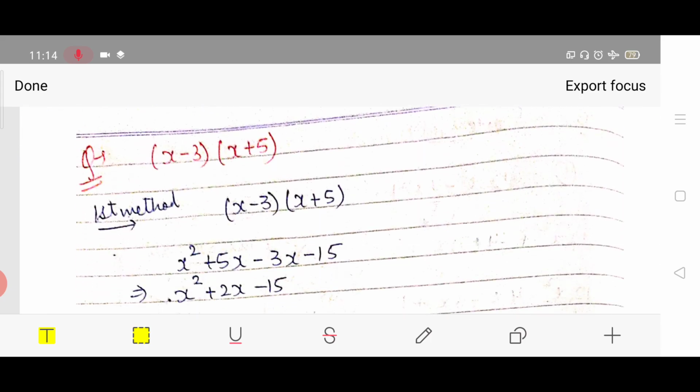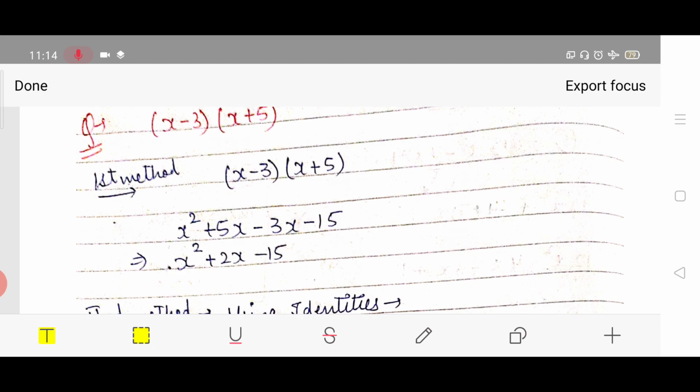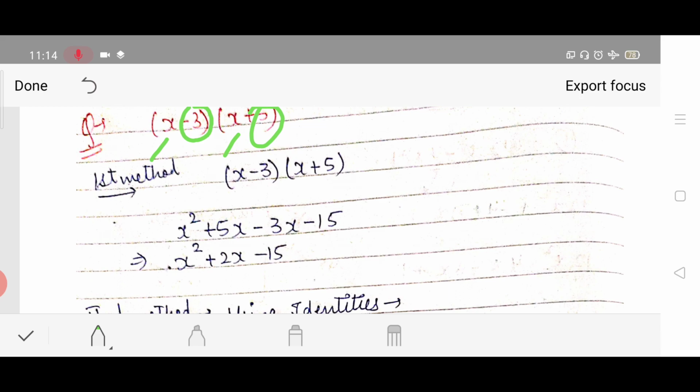Now moving on to question number 2, that is, you have to solve (x minus 3) into (x plus 5). You have to recall all the identities and decide which identity will be suitable for this question. As I have told you, we have an identity for when you have the same variable but in both brackets you have different numbers. So what is the identity that is suitable for this?